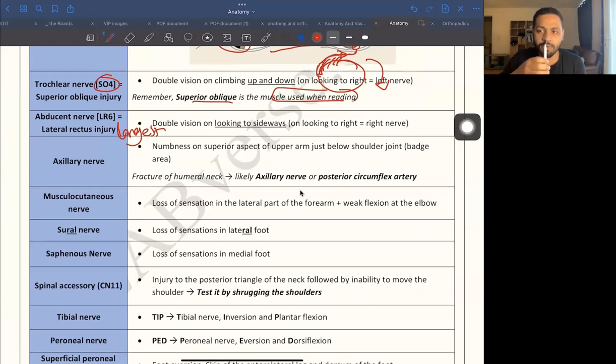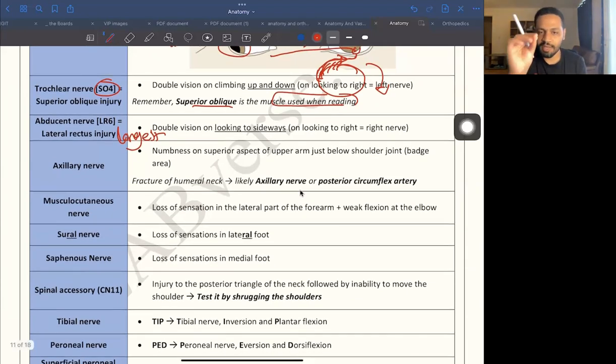When I'm trying to look towards my right side, this eye will be moving like that, and this eye will be fixed. So I will have double vision. But when I look to the healthy side, which is the left, it will be absolutely working. So basically, you have double vision while looking to the affected side. Looking at the right, it's the right nerve. Looking at the left, it's the left nerve, all right?